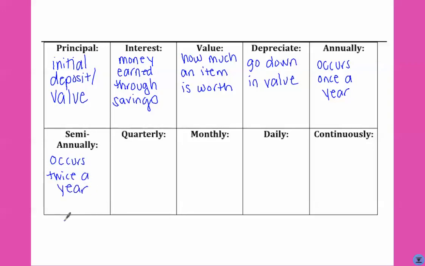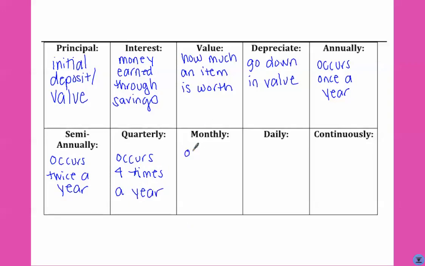You've probably seen ads on TV for Victoria's Secret's semi-annual sale, JCPenney's semi-annual sale. Quarterly. How many quarters are in a dollar? Just like that, there's 4 quarters in a year. So that means it occurs 4 times a year.